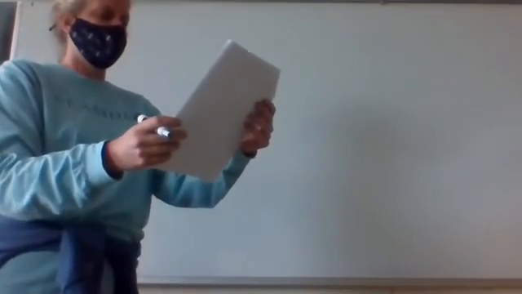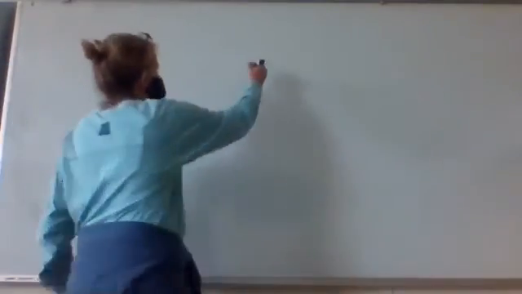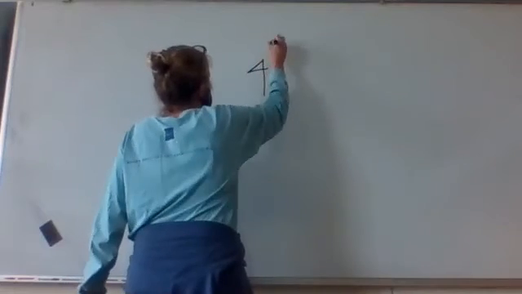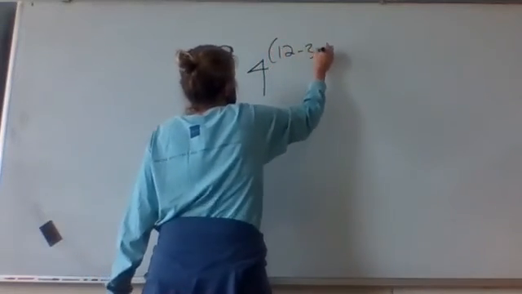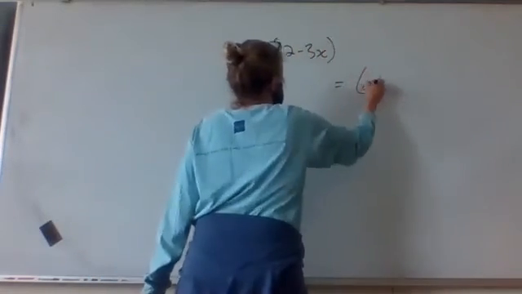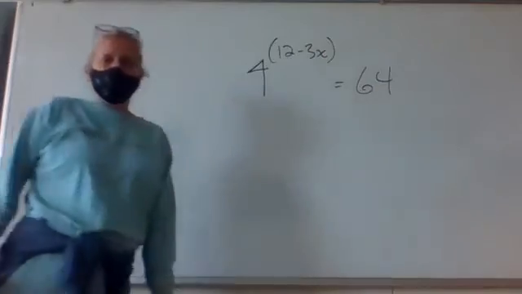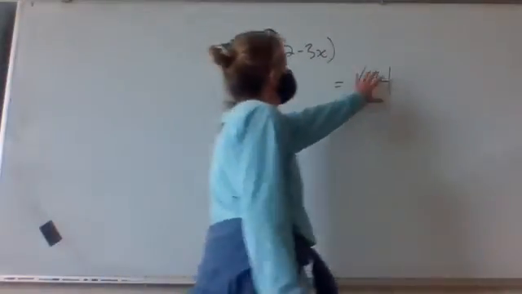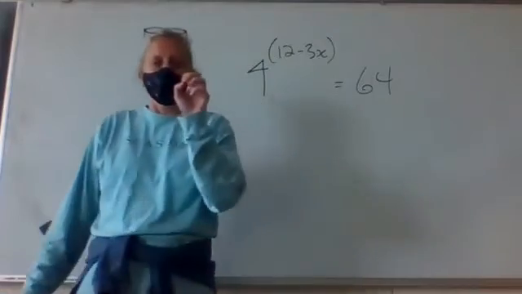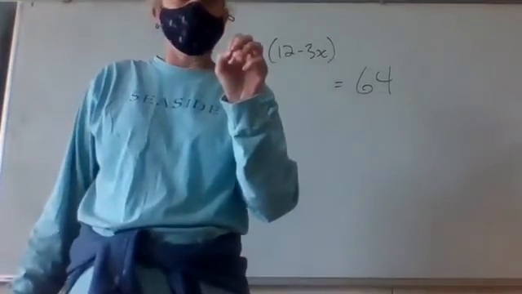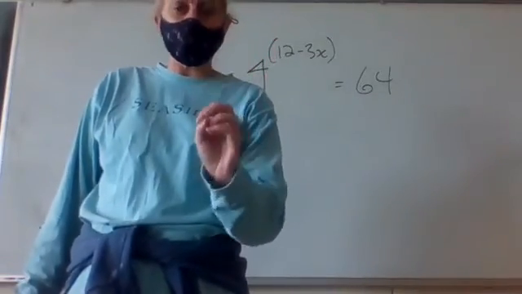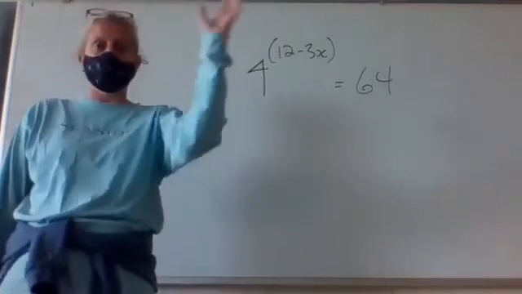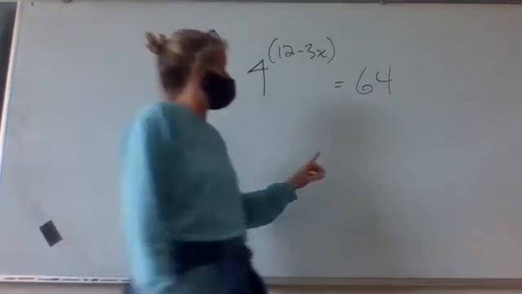We have 4 to the 12 minus 3x equals 64. So in other words, if I can rewrite 64 as a number that has a base of 4, like 4 to some power, that's what I want to do.